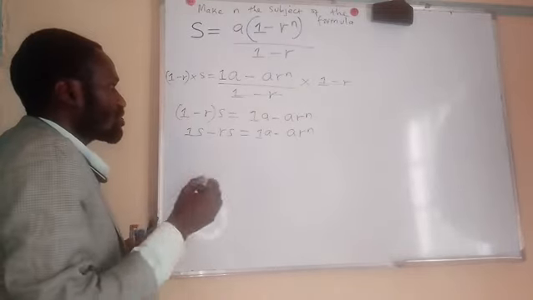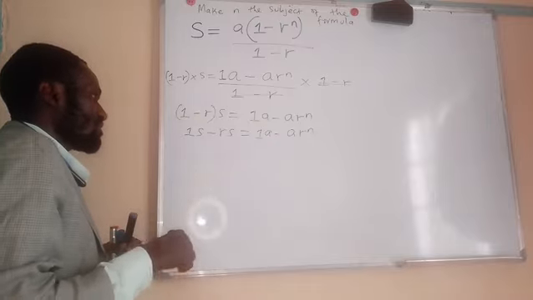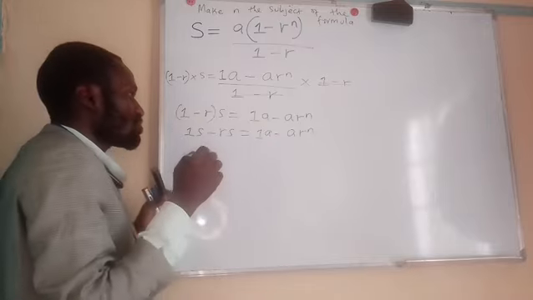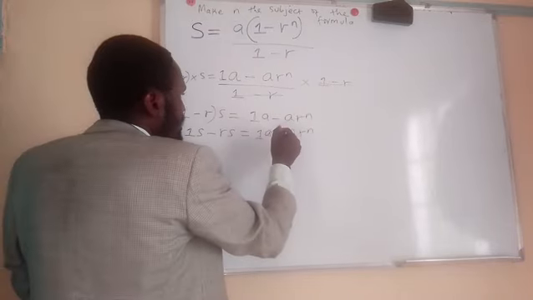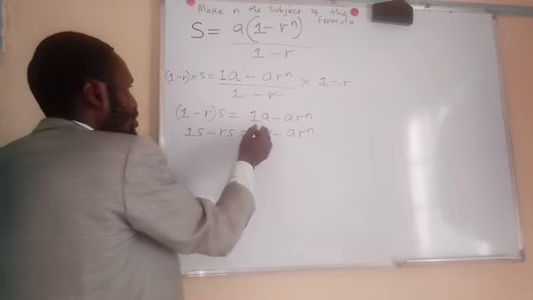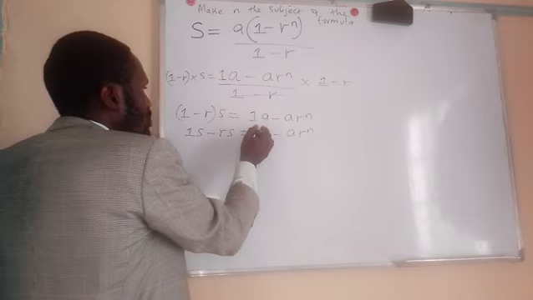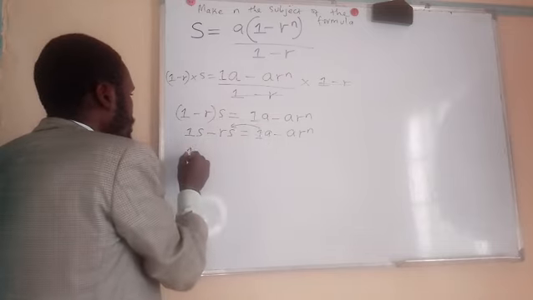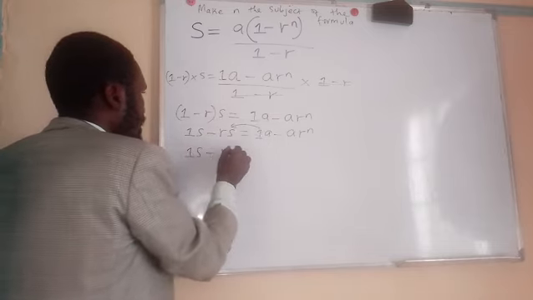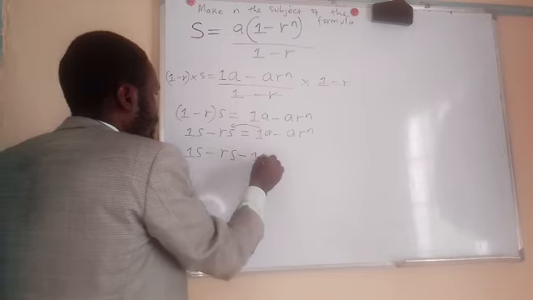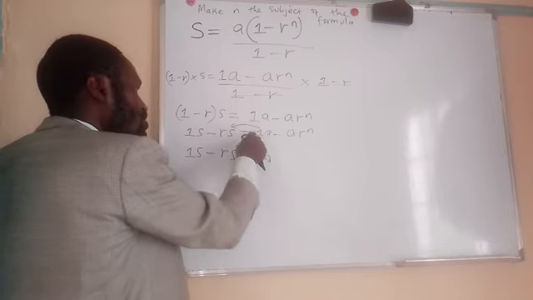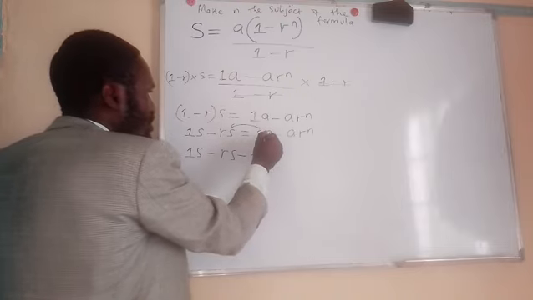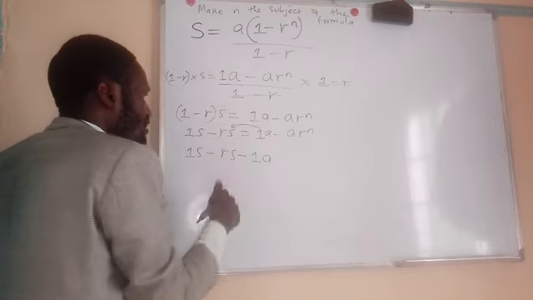The next thing, we are supposed to make N the subject of the formula. We are supposed to ensure that anything that has N is left on one side alone. So what do we do? We shall take this on this side. So we shall have 1S minus RS minus 1A. Why minus 1A? Because we shall actually assume that this is positive 1A. You see? It actually becomes minus 1A.